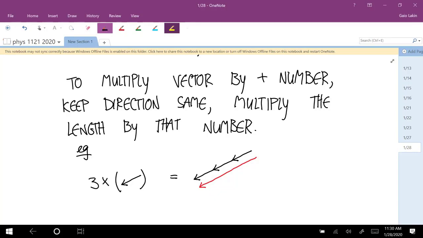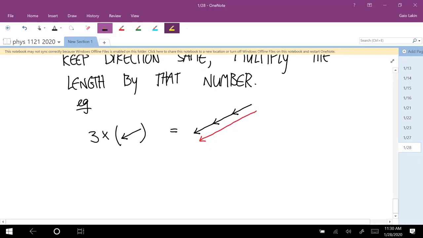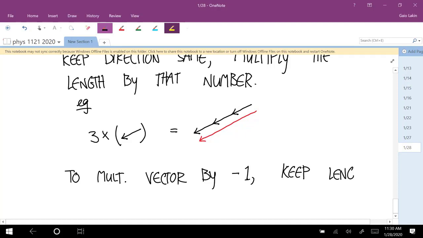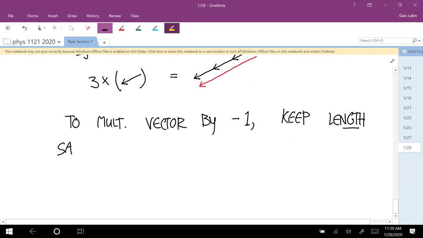Okay, so what if you're multiplying by a negative number? Well, just think of going in order. First multiply by the positive number and then multiply by the negative 1. So to multiply a vector by negative 1, keep the length the same, and switch the head and the tail.